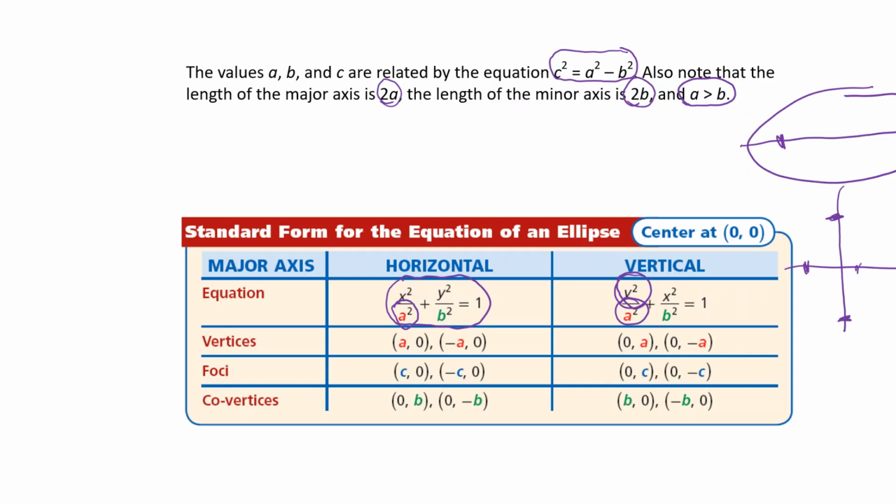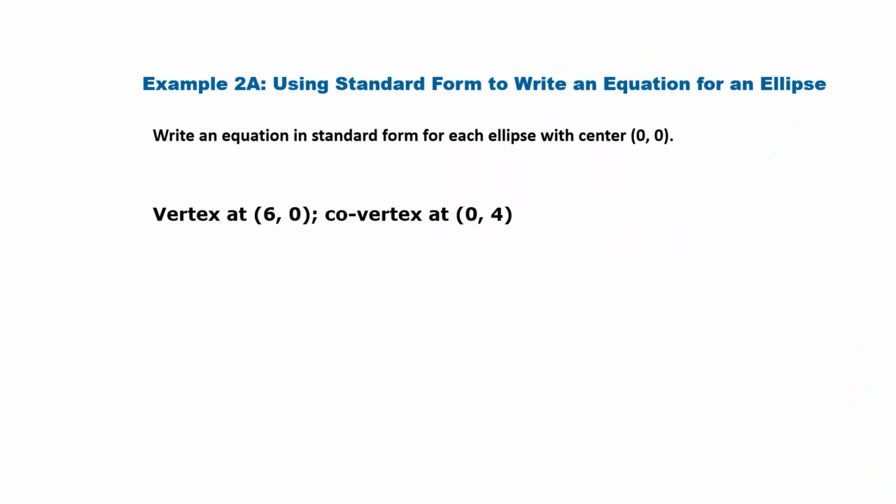And again, if it's vertical, then your foci will be here and here. They're in the same place as your major axis. And then the co-vertices are going to be on the shorter side. Okay, I know that's kind of difficult for you to see, so let's just keep moving.